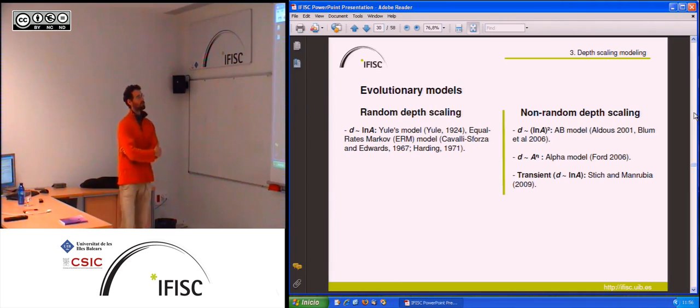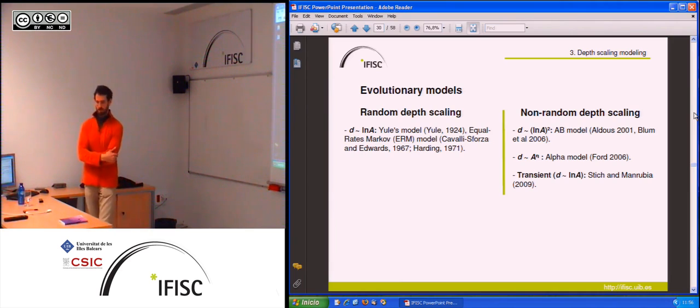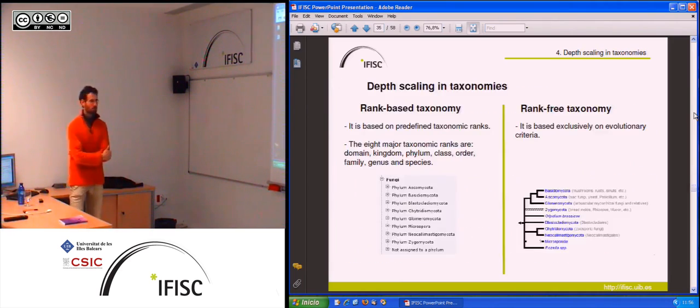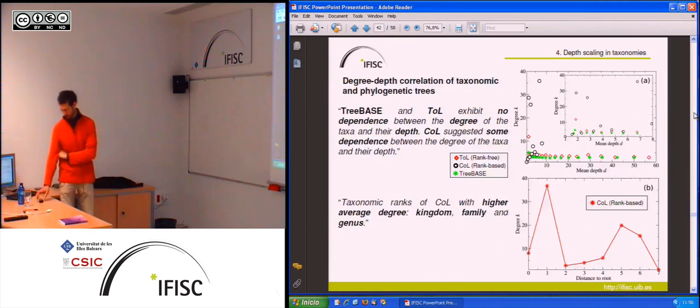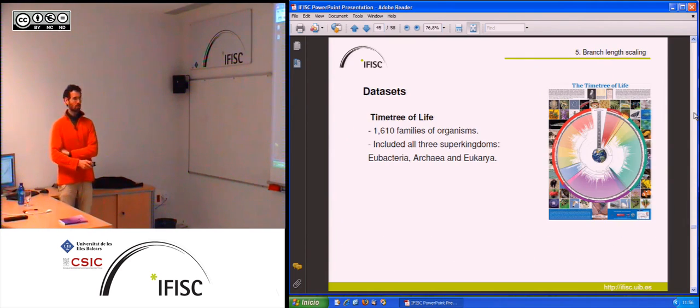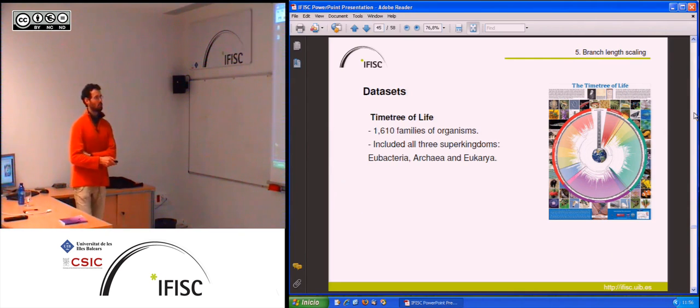Well, for me, the main point is that we have a big problem with the data resolution, because for me it's hard to imagine that this kingdom diversified so few, taking into account comparing with all the Eukarya kingdom.